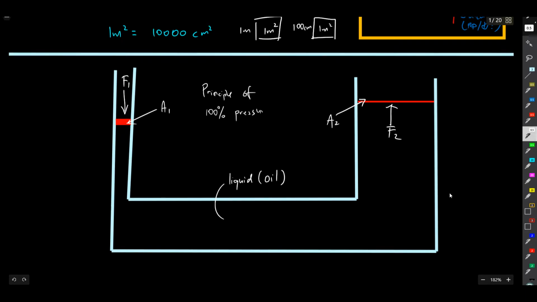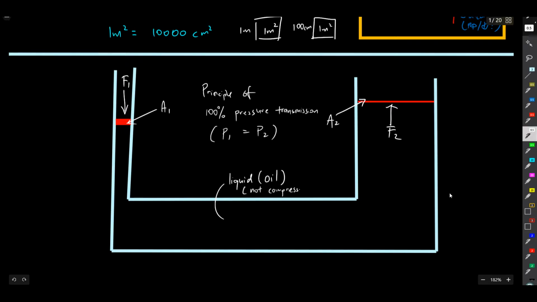The forces F1 and F2 will not be the same, but the pressure that is exerted on A1 and experienced by A2 will be the same. In other words, P1 is equal to P2. And with the help of some liquid over here, we can achieve this, because it is not compressible.